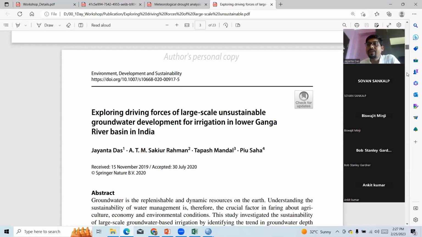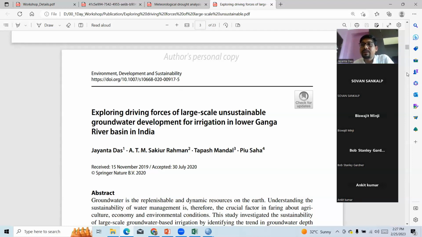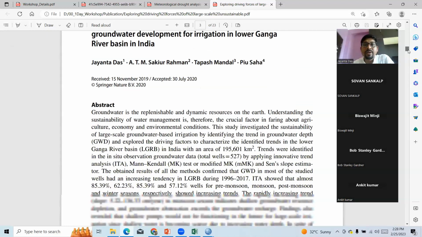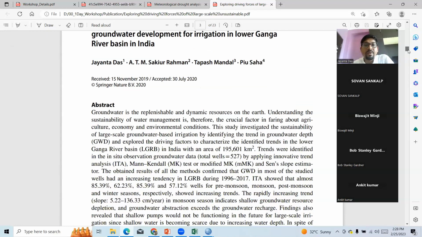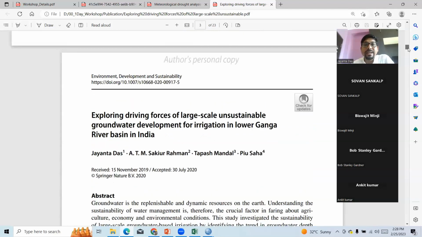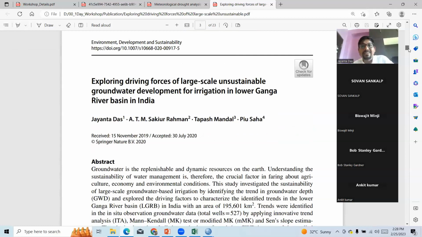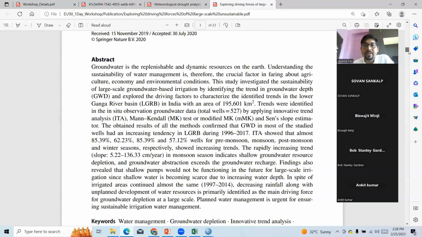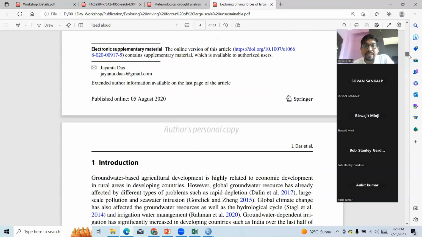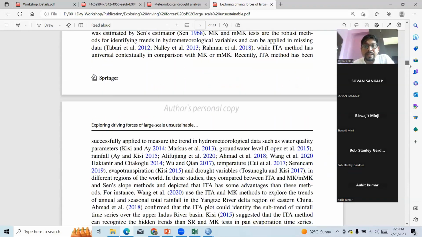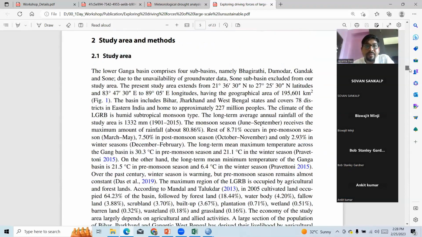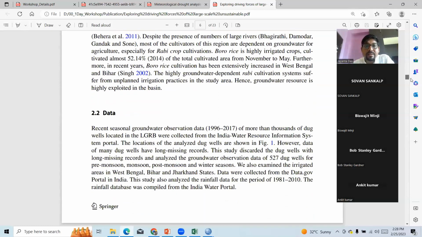Basically, we used groundwater depth data and only the Mann-Kendall test and innovative trend analysis to see whether groundwater development is sustainable or unsustainable, because it's an irrigation-based area. See here in the data section, study area, then data.